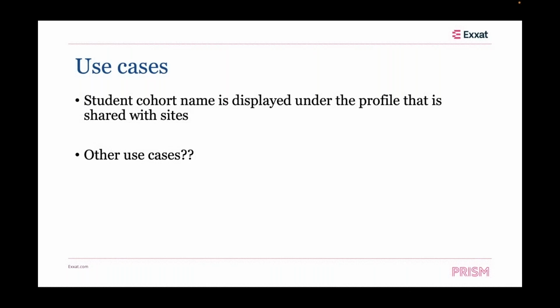Because a lot of lockstep programs, including yours, Dane, name their students' cohort by graduation term and not enrollment term. So wherever the graduating cohort name is shown, when students share their profile or in the system, it is showing the inaccurate graduation term for them, because the cohort is a surrogate for their graduating year, right?